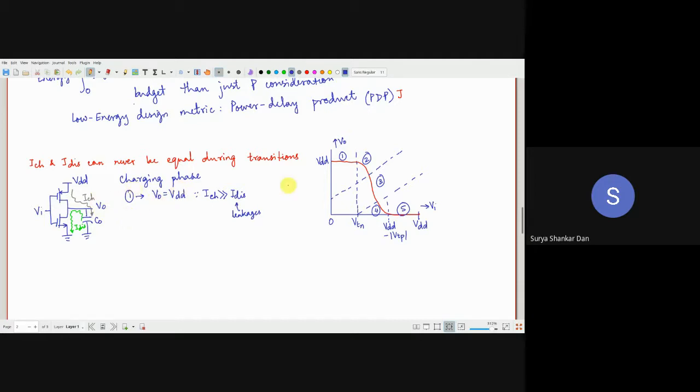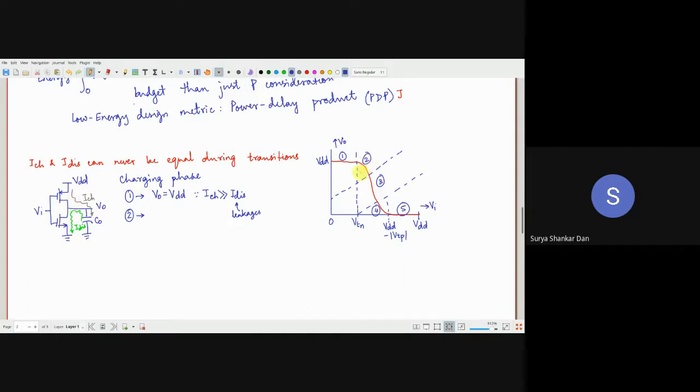Now comes number 2. In region number 2, remember what is happening is that the NFET starts to switch on. If the NFET starts to switch on, automatically it will be going into the saturation region. Obviously we know that the saturation region will have higher currents than the linear region, correct?